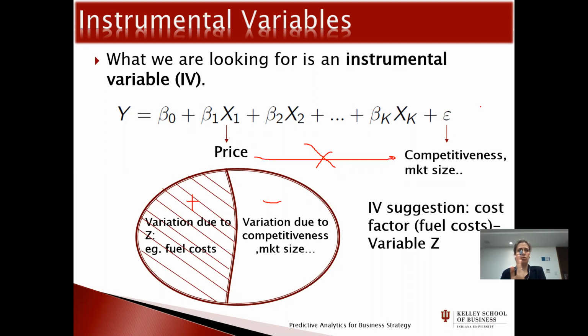Everything that you've said is correct except for the word proxy. Because if you're talking about a proxy, that means that variable should be in the regression. And that variable Z is not in the model, it is outside.